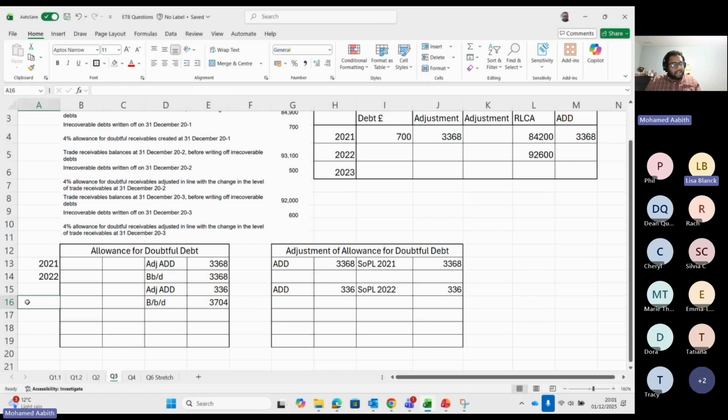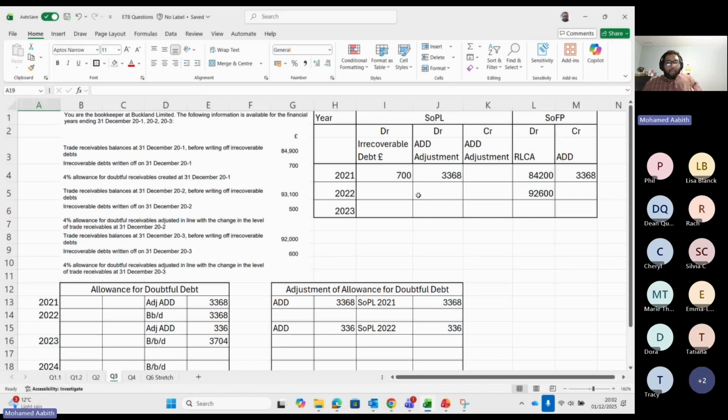This is the new balance brought down for 2023. But now we need to see what the new balance brought down has to be in 2024, because we need to find out what balance we start with. Okay, you got that now.